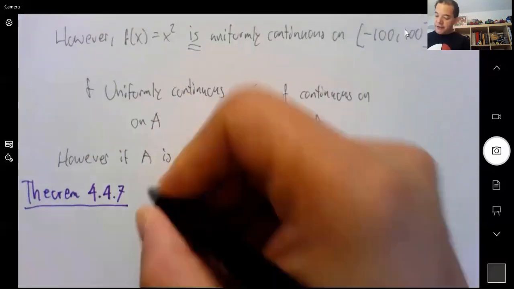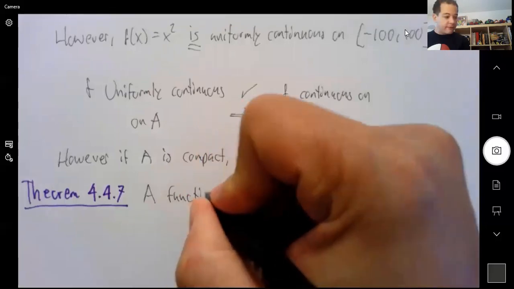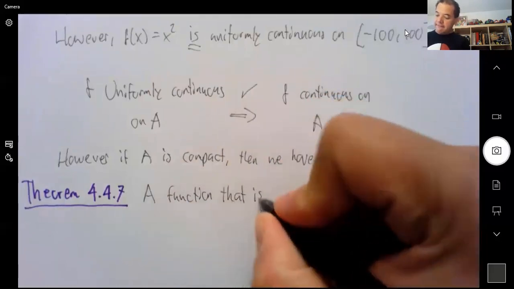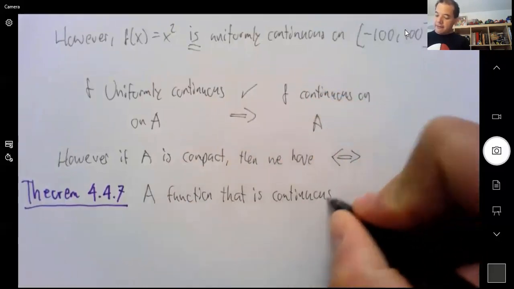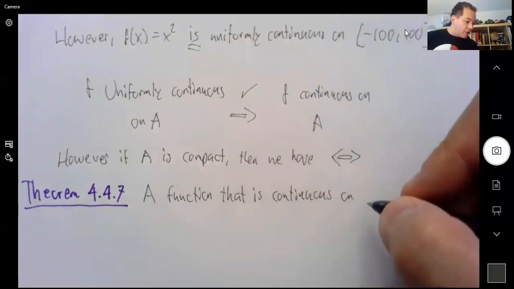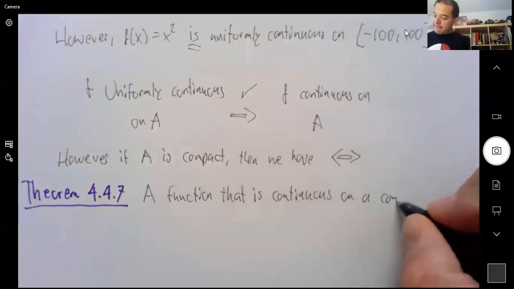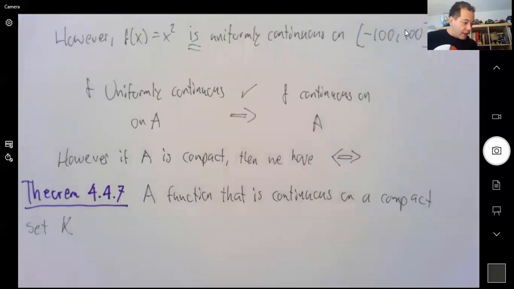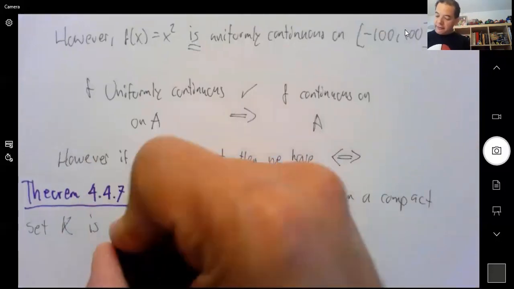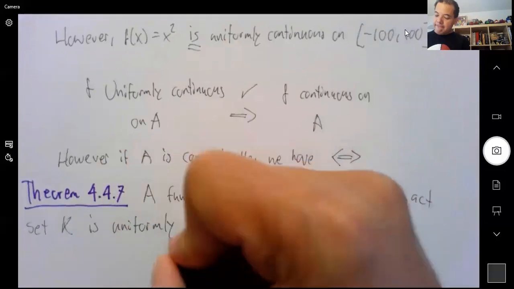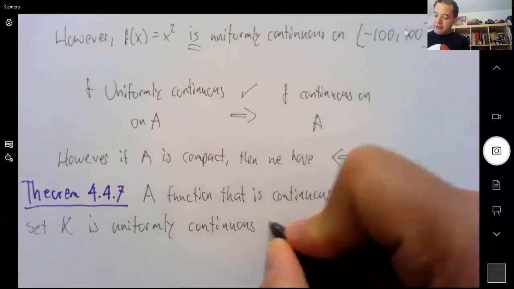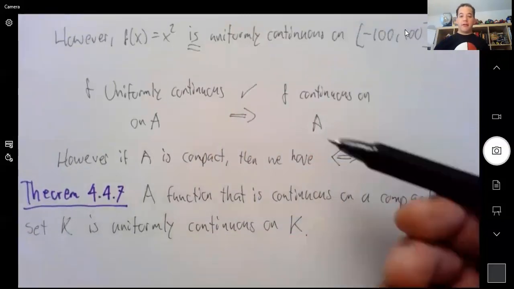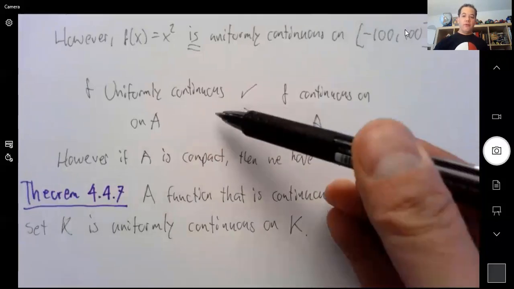What it says is a function that is continuous on a compact set K is uniformly continuous on K. So we have the arrow coming backwards, the arrow that goes from continuous to uniformly continuous.